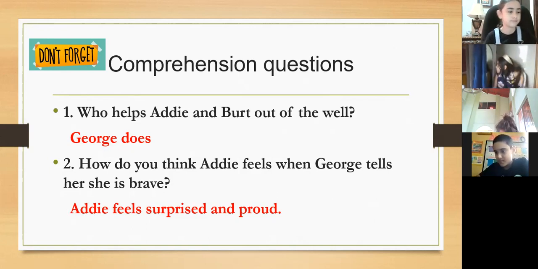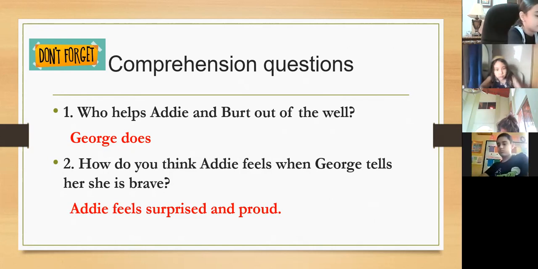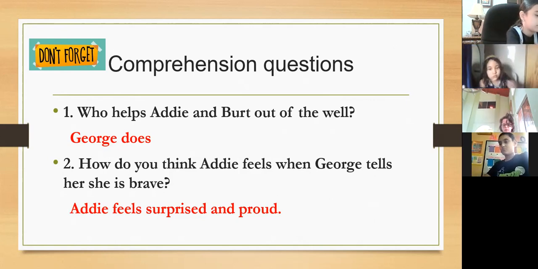Previously, they were saying different things, and they didn't consider that this fire was going to come, and the way that they think about each other is going to change. So now George says, you are brave, you are strong. So she feels surprised to listen to that.